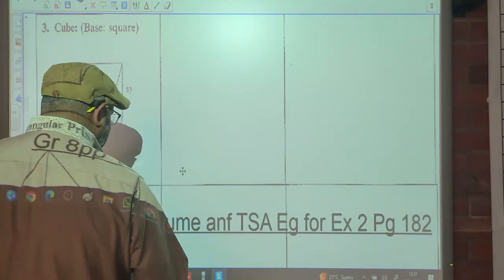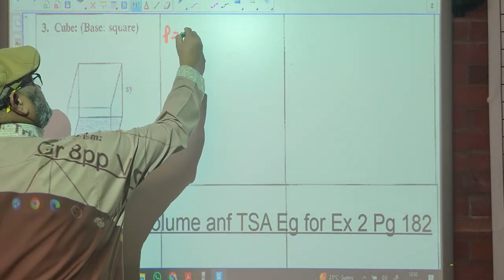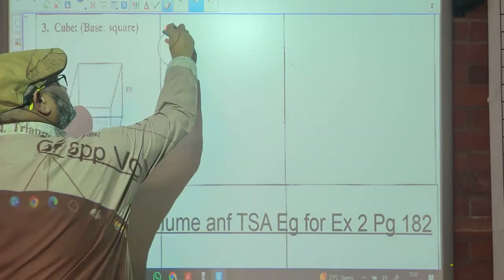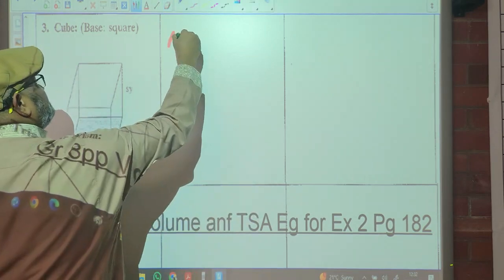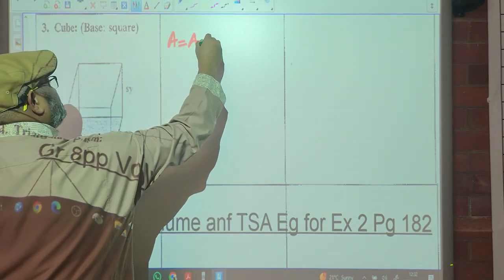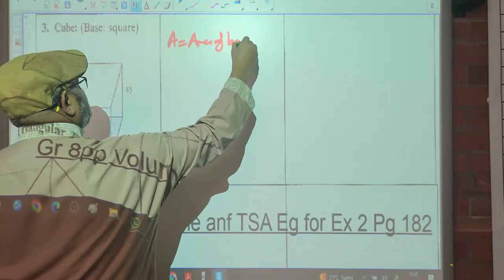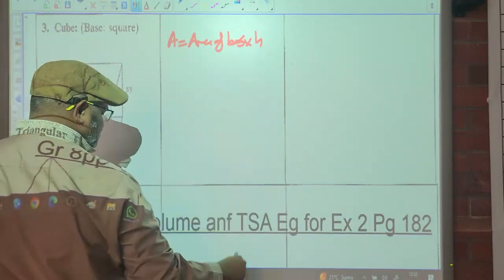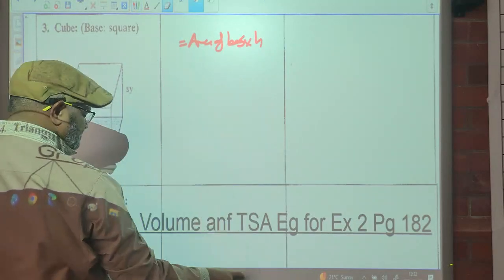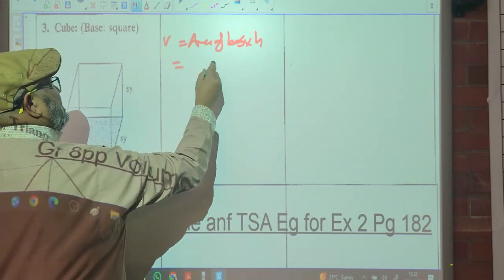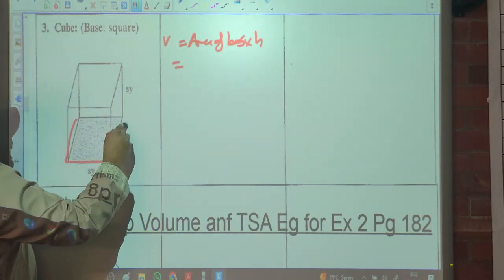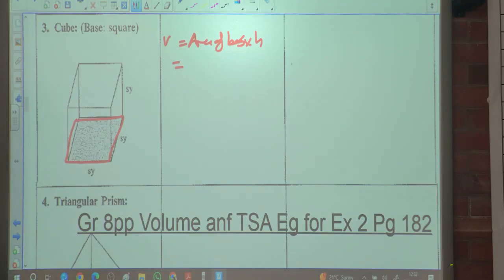Sorry, first the volume, no? The volume is area of base times height. So how do you calculate the area of a square?